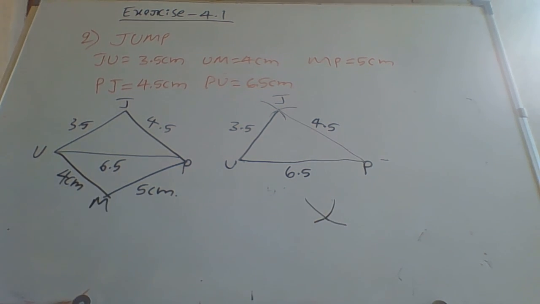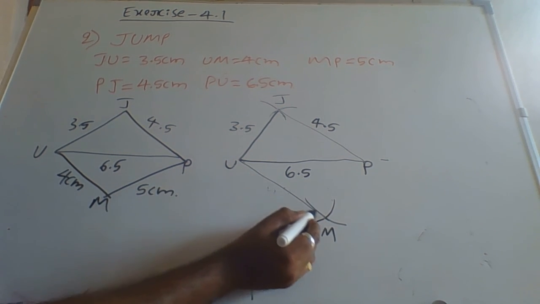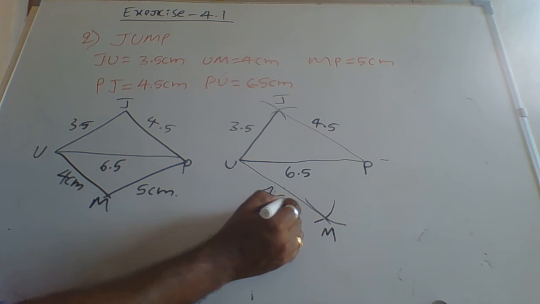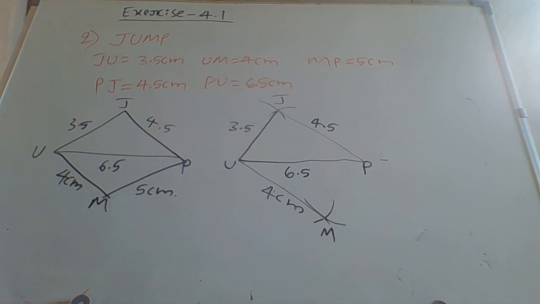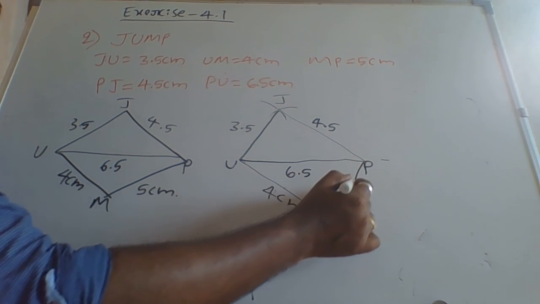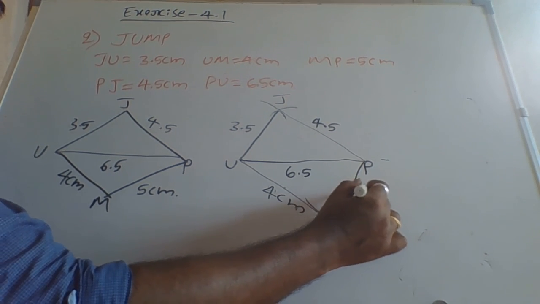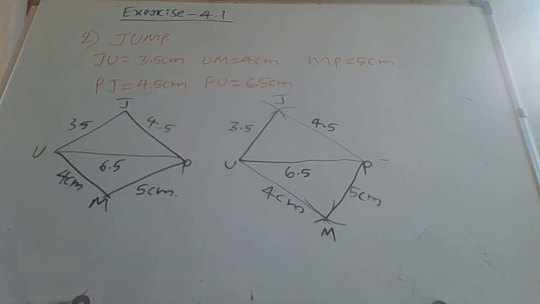Now you got the point M, which is 4 centimeters from point U and 5 centimeters from point P. So this is the quadrilateral JUMP with the given measurements. I hope you all are clear with these problems. In the next class I will continue with the third problem. Thank you all.